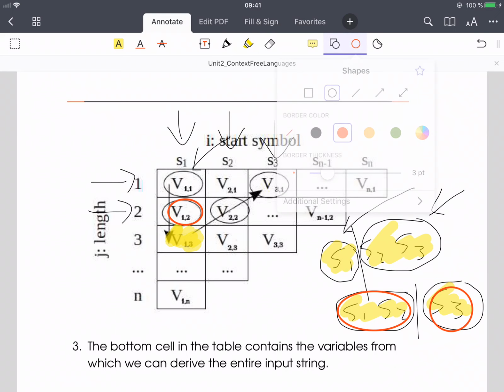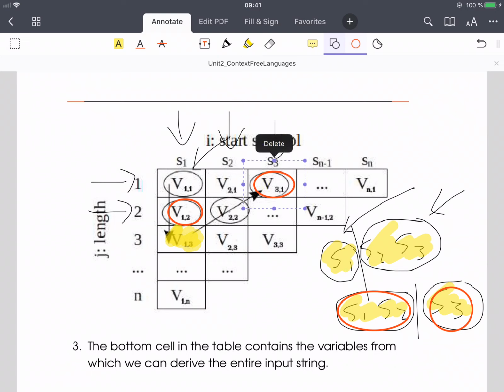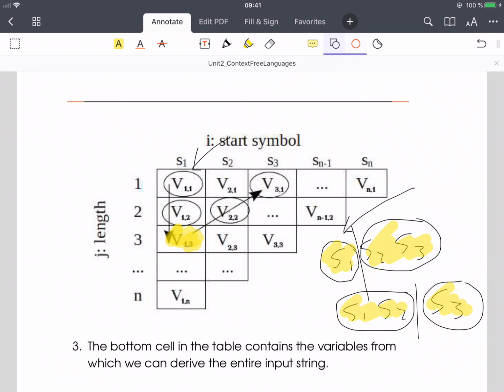So we are looking, in fact, at this cell here. Okay? So to fill in the variables in B13, we need to consider the variables in this cell together with the variables in this cell, and then we need to consider the variables in this cell together with the variables in this cell.